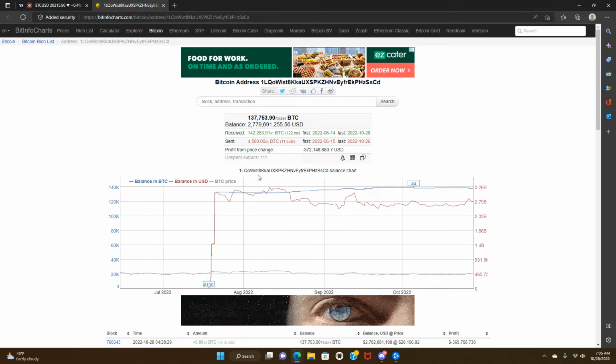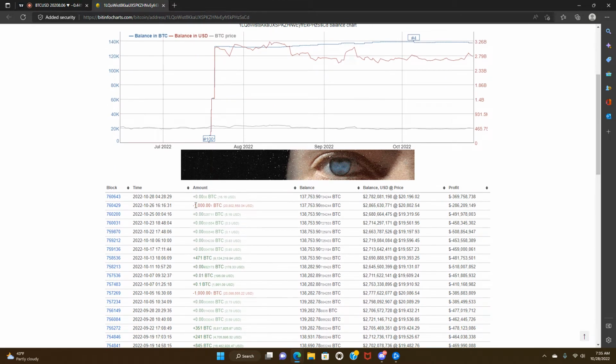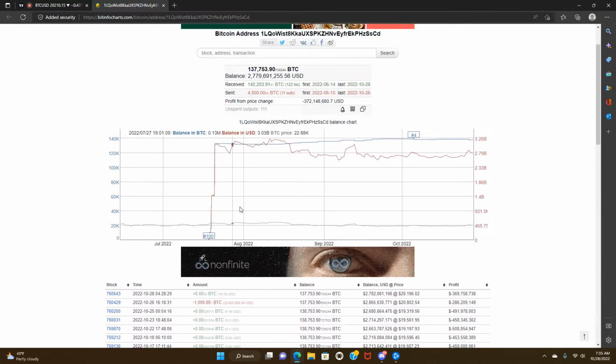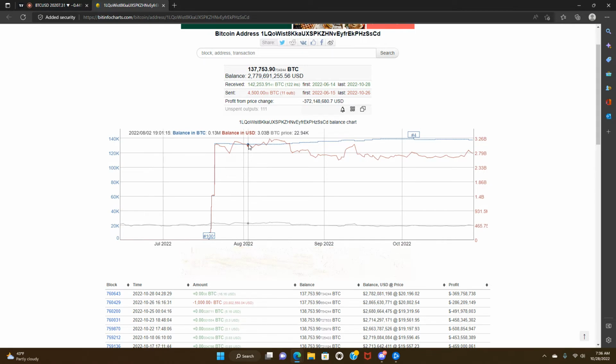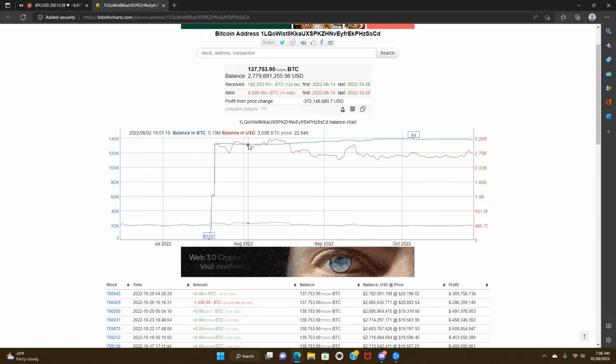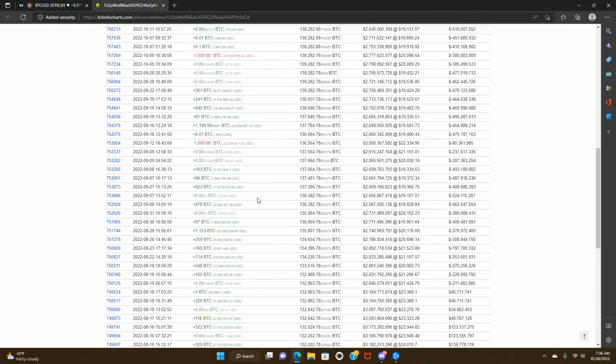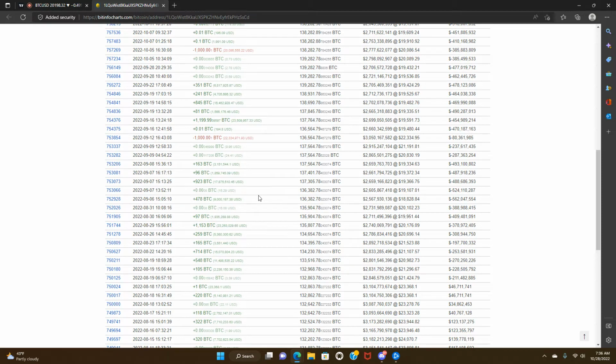After this recent distribution, if it keeps distributing, it'll be less Bitcoin than Michael Saylor and MicroStrategy have. But for a while, this was the largest wallet.